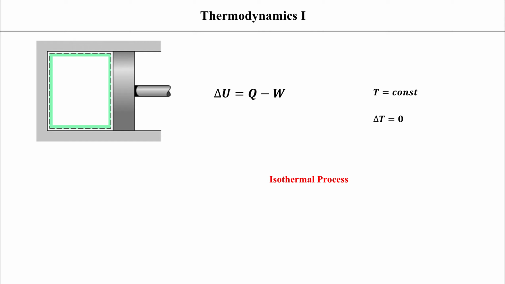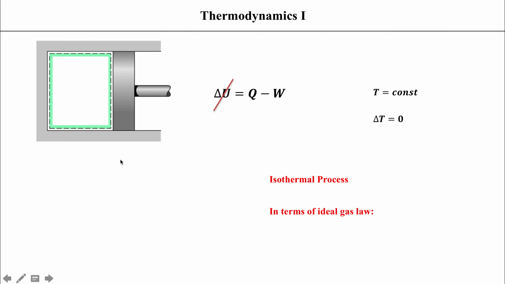And now because delta T is equal to 0, we've already said that internal energy is directly proportional to the temperature for ideal gases. So that means that if delta T is equal to 0, then delta U should be equal to 0 as well. So from the first law, we can simplify this equation, and what we can say is that the work done on this system should be equal to the heat that is removed from the system.